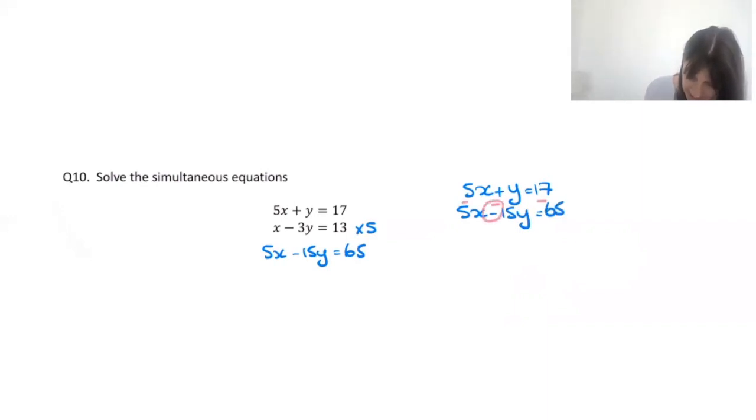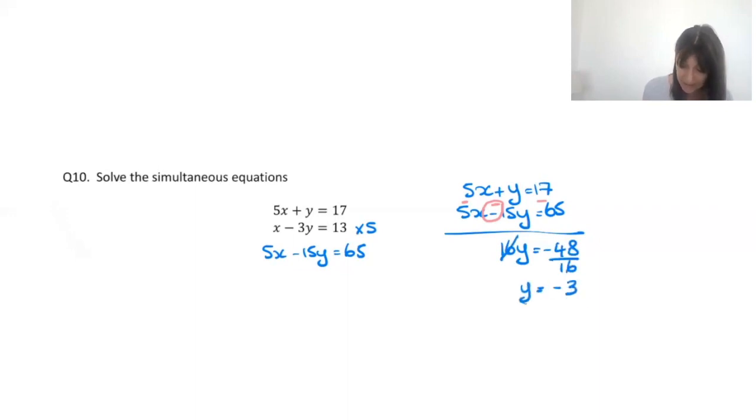You can see that 2 negatives there are going to make a positive. So when I do y and add a further 15 to them, I end up with 16y. Now 17 take 65 is minus 48. When I divide through by the 16, y is equal to minus 3, okay?